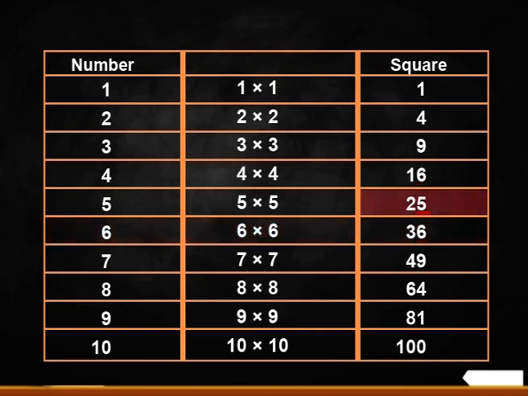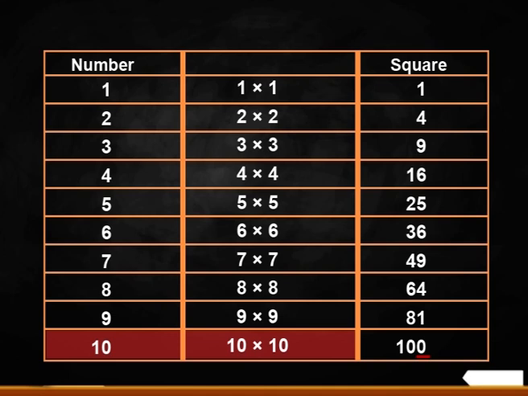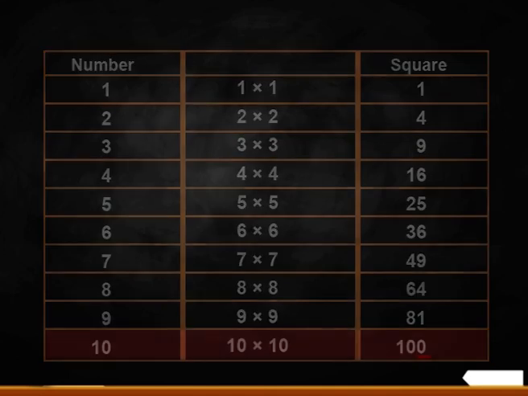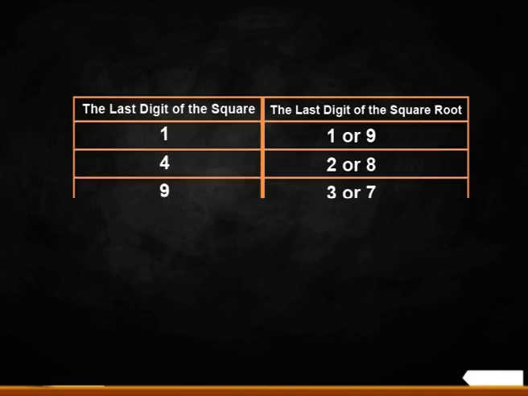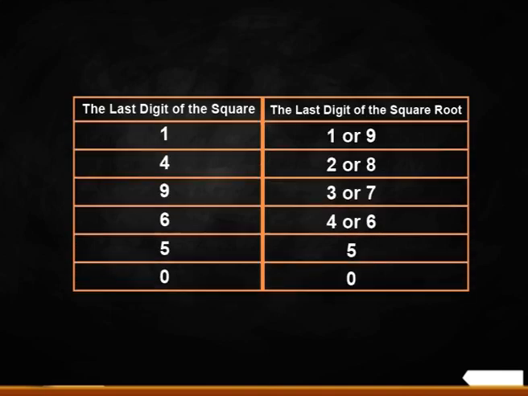If a number ends in 5, the square root ends in 5 only because 5 multiplied by 5 is 25. If a number ends in 0, the square root also ends in 0 because 10 multiplied by 10 is 100. On the basis of these observations, we can form a table.